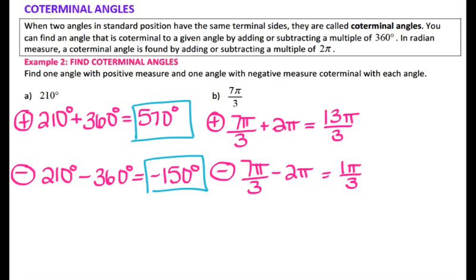Now this is not negative, it's still positive, which means we need to subtract another rotation. So I'm taking 1/3 minus 2, which gives me negative 5 pi over 3. And again, if I were to actually sketch 7 pi over 3, 13 pi over 3, and negative 5 pi over 3, it would give me the same graph.